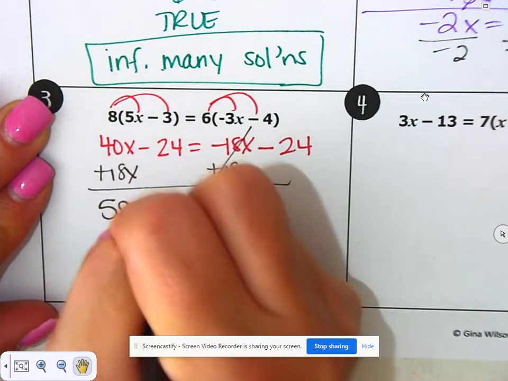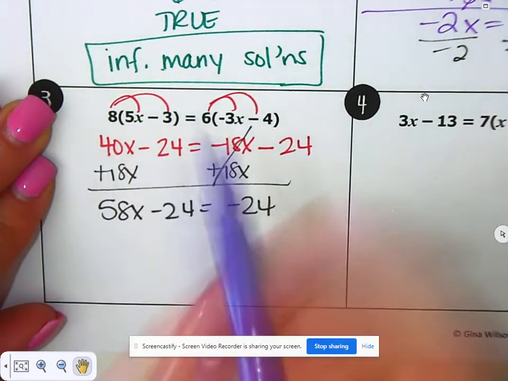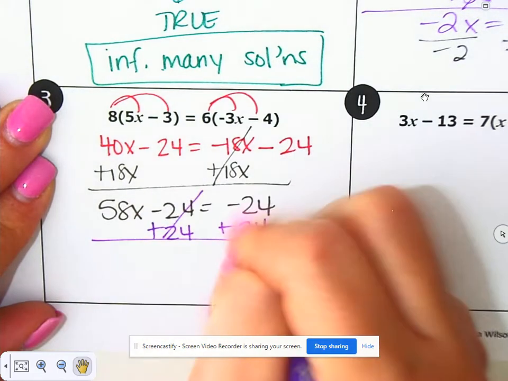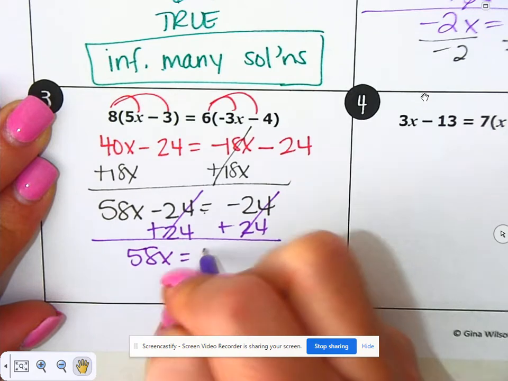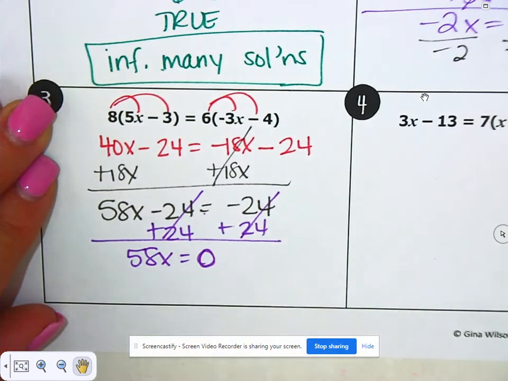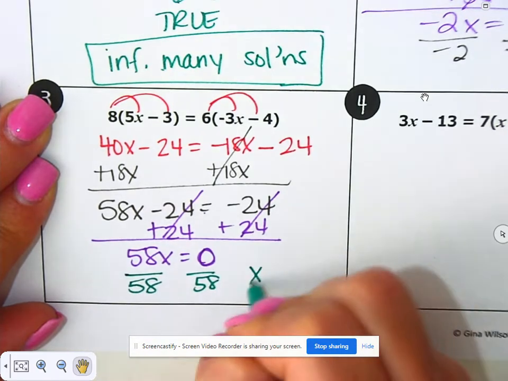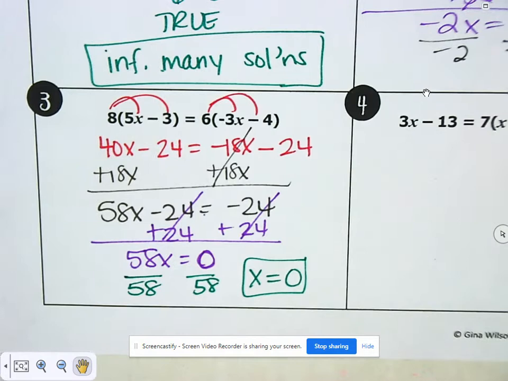So again, they do not cancel on both sides. So I keep solving like normal. Add my 24. Oh, they did cancel, but I've still got an x. You've got an equal sign, and that just makes that 0. So now when I divide by 58, my answer is 0.